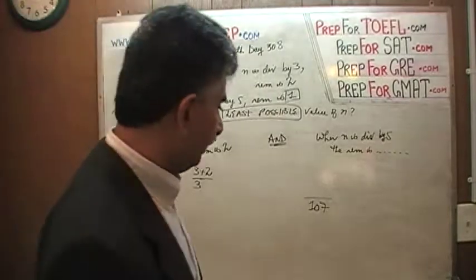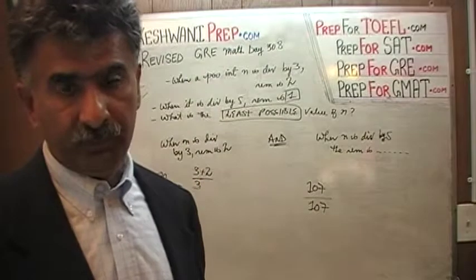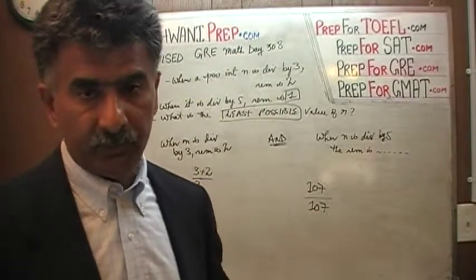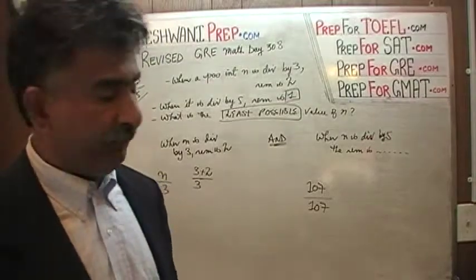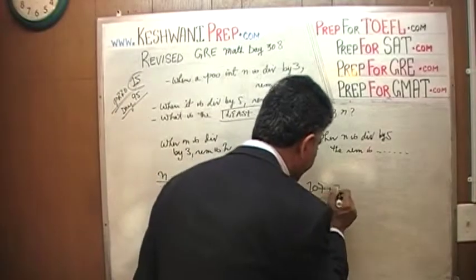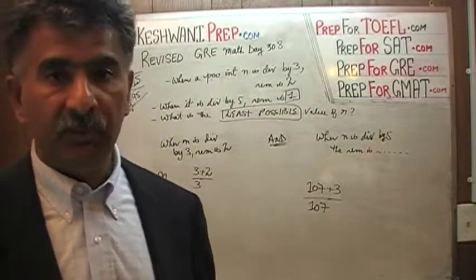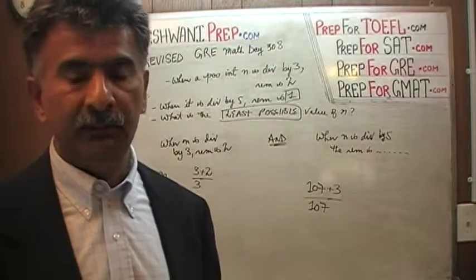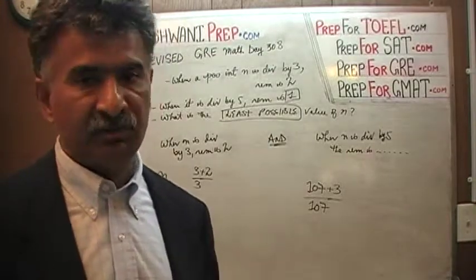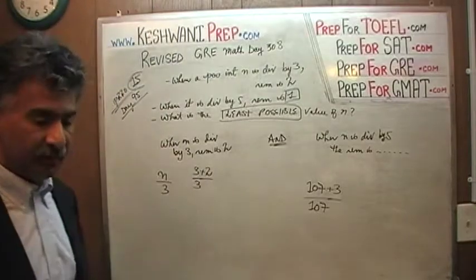We know 107 is divisible by 107, so it will have a remainder of 0, but we want a remainder of 3. Just add 3 to it. Now that quantity, 110 divided by 107, will have a remainder of 3 because we designed it in that way. Do you understand? So this quantity, 5 divided by 3, has a remainder of 2.